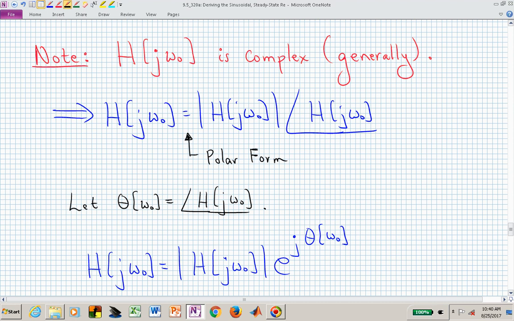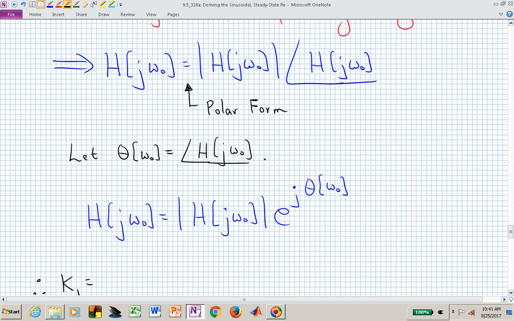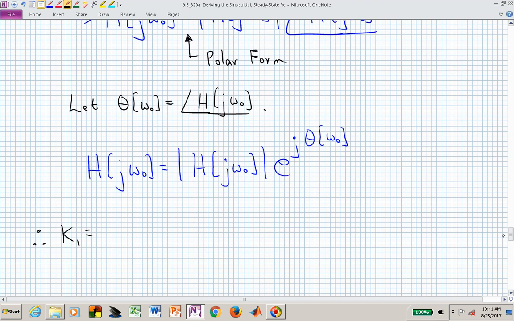And that's really all that angle of H of j omega is. It's now e to the j theta. We could write that in rectangular form if we wanted to. That's now magnitude of H times the quantity cosine of theta plus j sine theta. But we're going to go ahead and leave that in polar form because that allows us now to play with the exponentials.